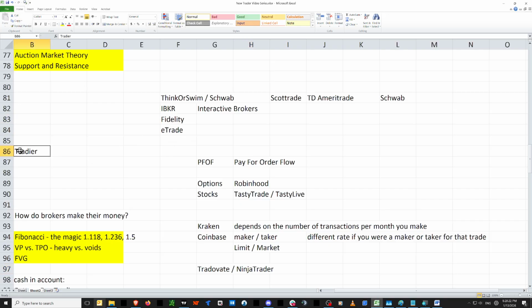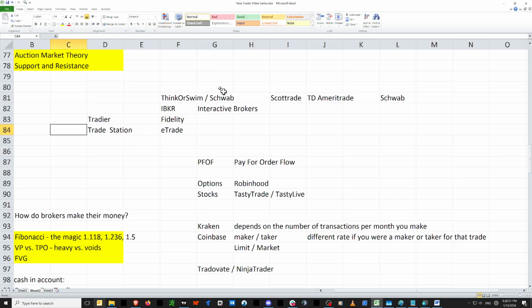Tradier is a new kid on the block. They do some stocks. They do options. They do futures, but it's a little bit different in that you have to have a separate account, which reminds me of TradeStation. So Tradier and TradeStation. TradeStation's been around for a while.